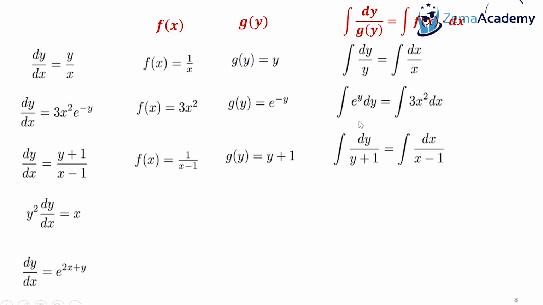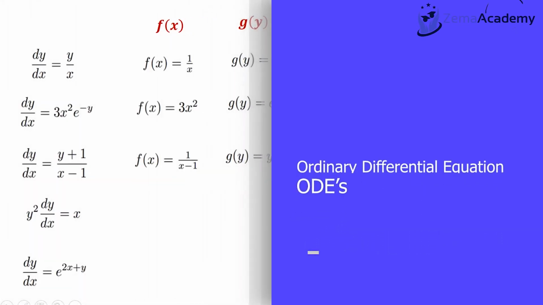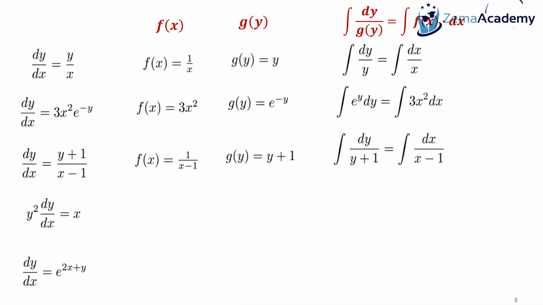That makes it, in this case, dy over y plus 1 equals dx over x minus 1. Now, if you look at the last column, it is easily solved now. It is in a state that you can solve it because now you can use the standard table.